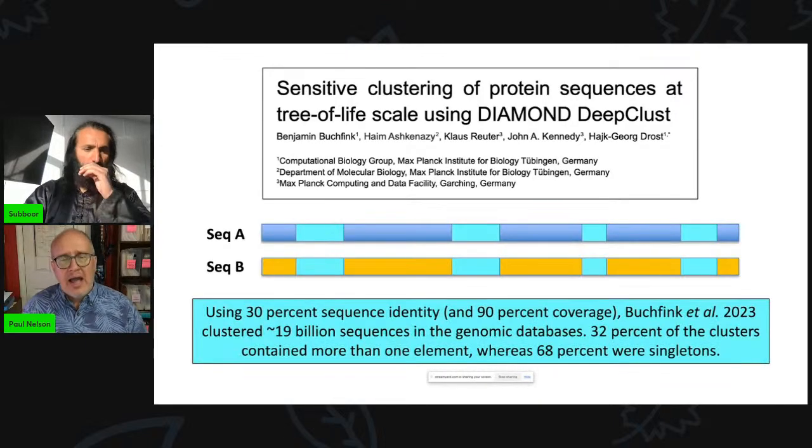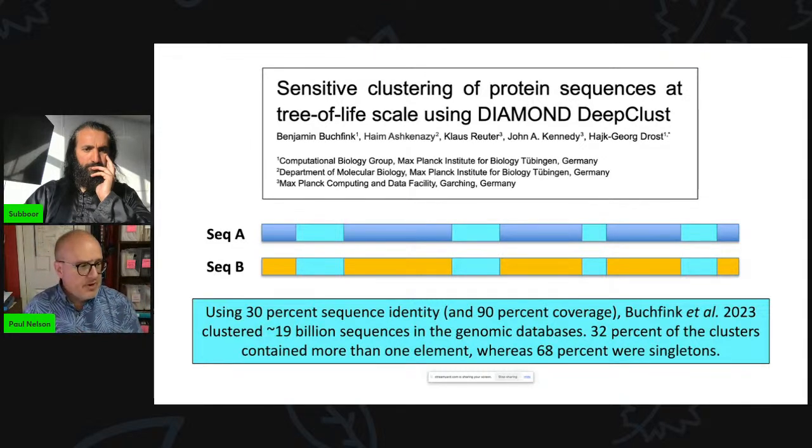Okay, so I would encourage the viewer to go get this manuscript. It hasn't yet been published to my knowledge in a journal, but it's available as a preprint at bioRxiv from a group in Germany. And they are using an algorithm called Diamond that is really state-of-the-art for sequence matching.